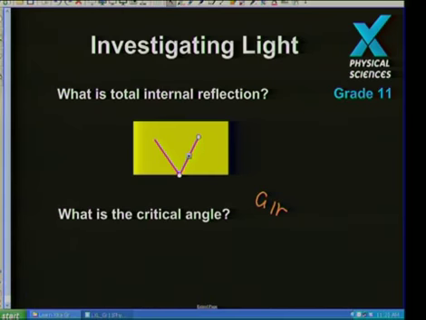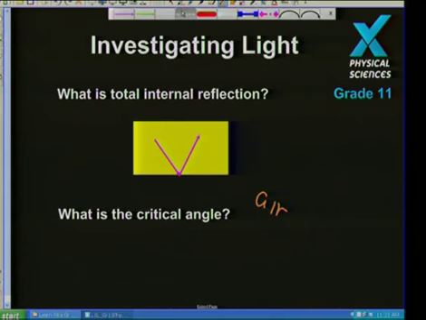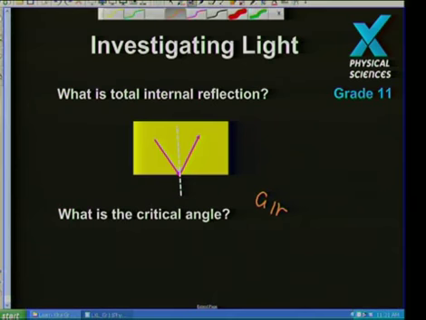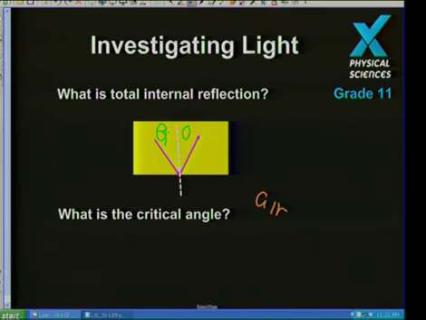And that's why we started with the laws of reflection, just to make sure that you remember that the angle of incidence in this case will be equal to the angle of reflection. So here, the angle of incidence, and that's the angle i. No, it says r, but it's reflection in this case. So angle of incidence is equal to the angle of reflection because it's total internal reflection.